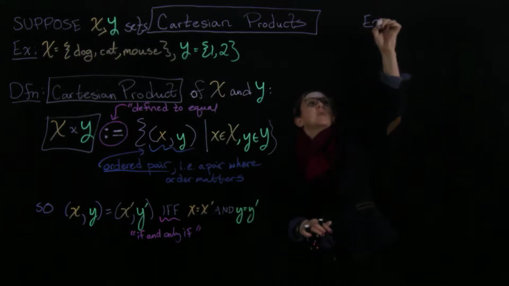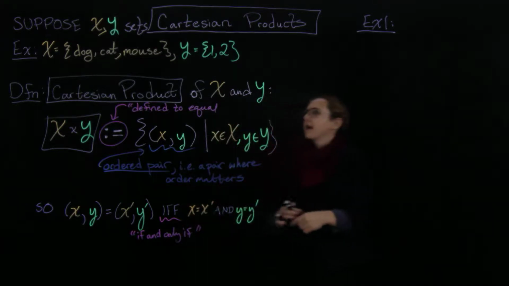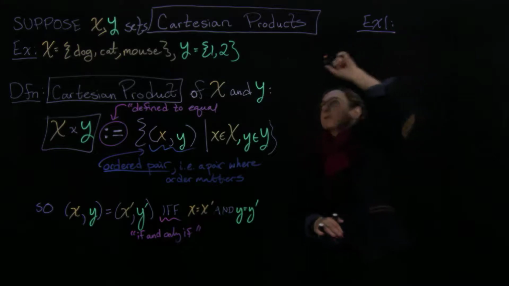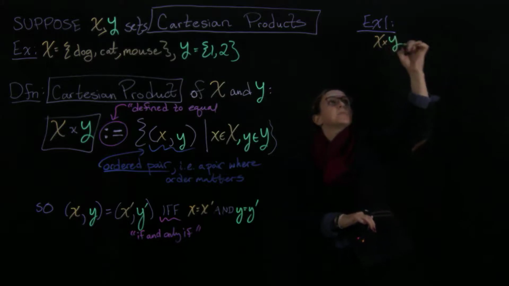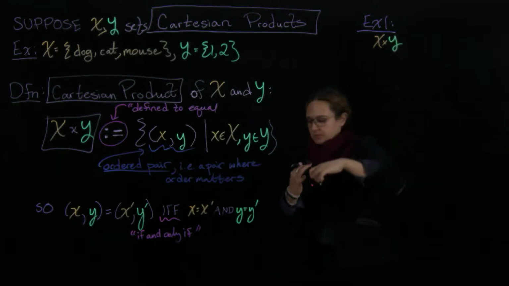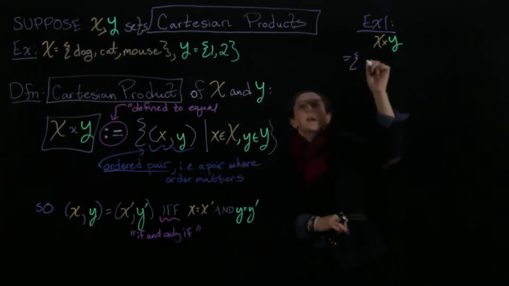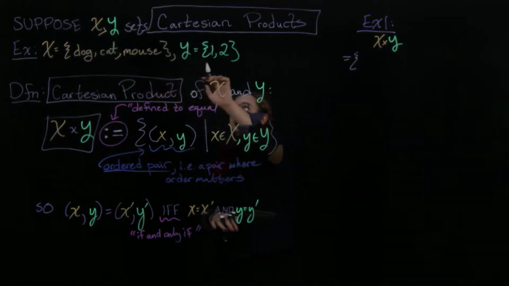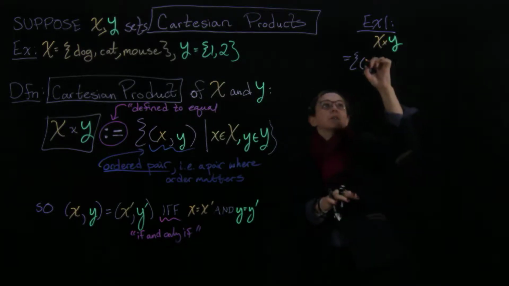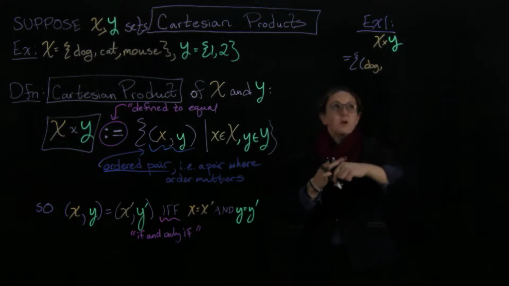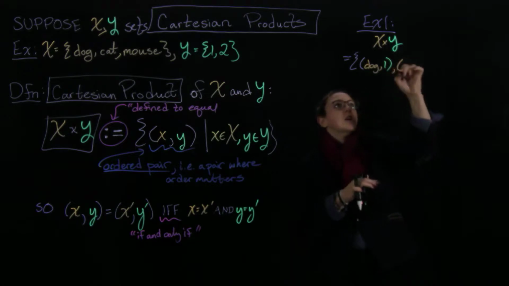Example 1: in our setting, x cross y is going to equal the set where you combine everything in x with everything in y. We start with dog together with 1, and dog has to go together with 2.